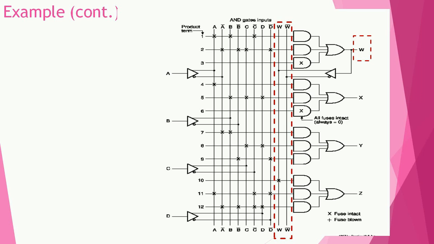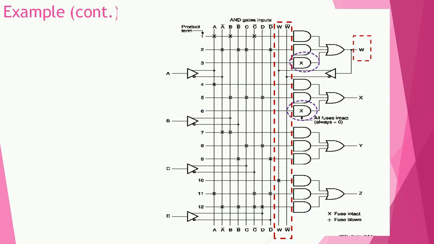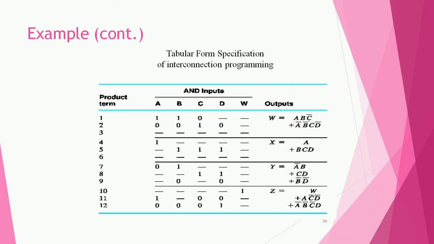So 2 more lines are added, W and W bar, and 2 empty AND gates are used, because they are not connected anywhere. So this is how we can implement a complicated circuit. And this is the programming table of the circuit.